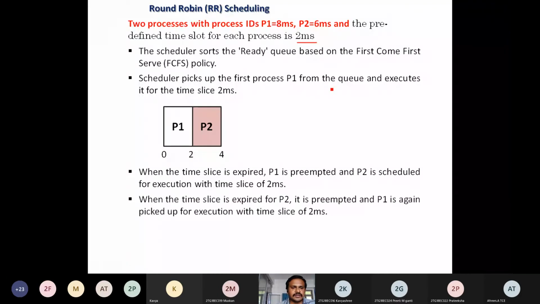And when the time slice expires for P2, it is preempted and P1 is again picked up for execution with a time slice of 2 milliseconds.